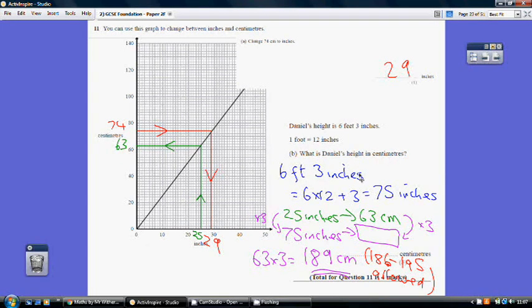Now for part B, what is Daniel's height in centimetres? Well, 6 feet and 3 inches: 6 12s are 72, plus the 3, that's 75 inches. Now just take a reading that you can use to then convert.